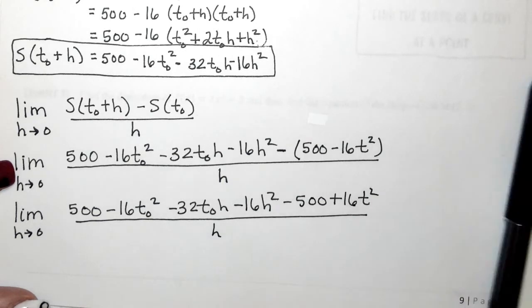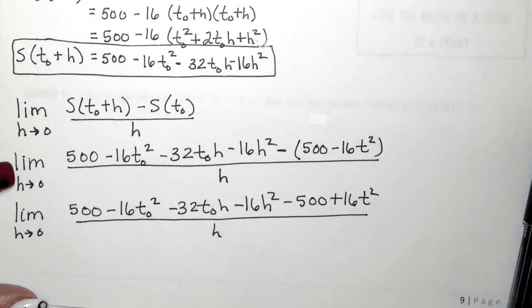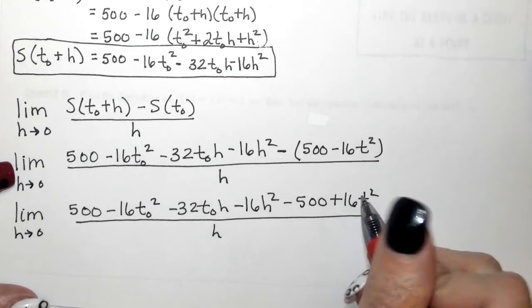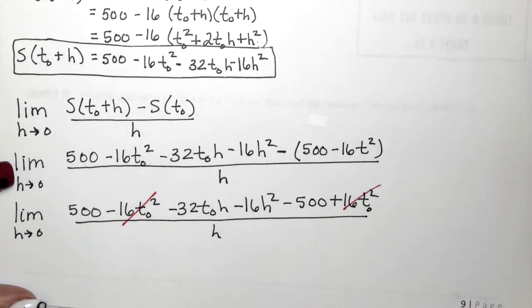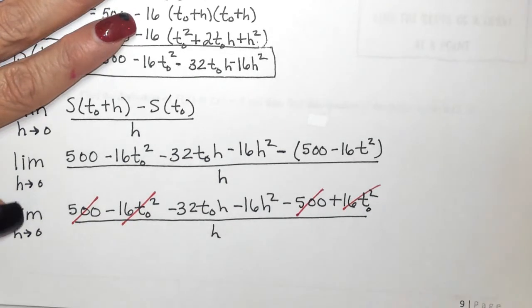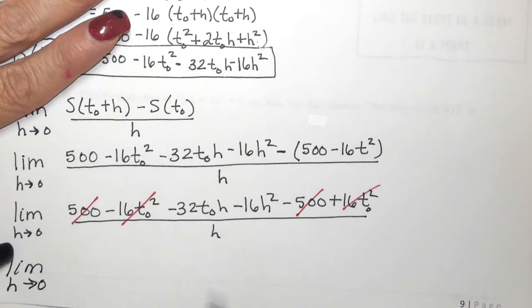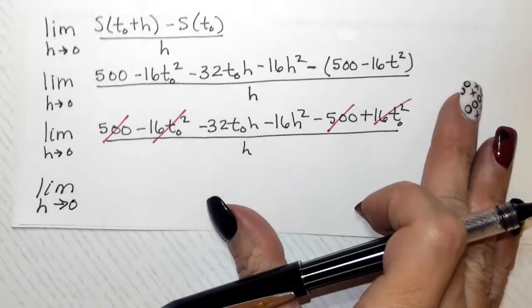I'm going to look and see what can I mark off. All right. Positive 16 t naught squared. Those are going to go away. Positive 500s are going to go away. All right, so that's going to leave me with the limit as h approaches 0. I'm going to move this up just a little bit.